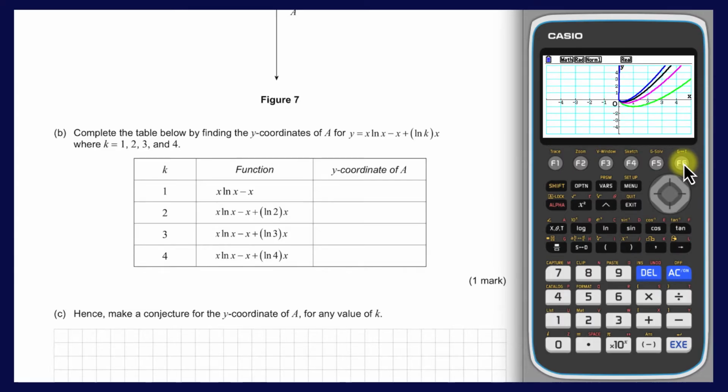So there's our 4 functions. Looks like we've got k equals 1, 2, 3, 4, sort of curving upwards as we look from bottom to top. And we should use that to find the y-coordinates of our point A.